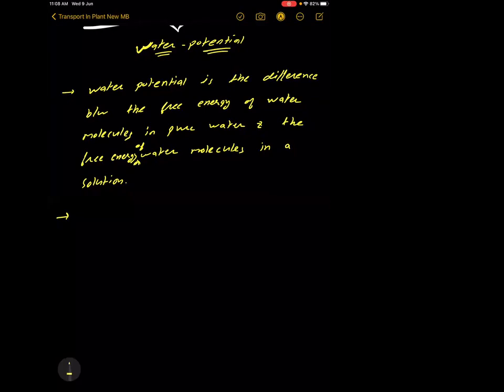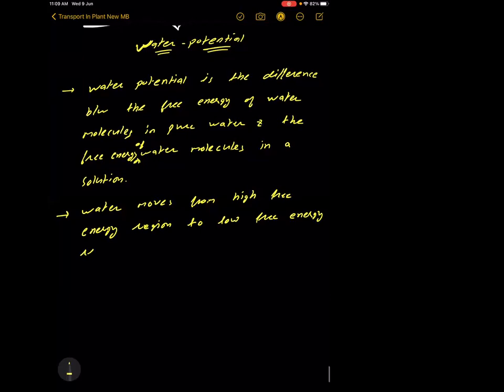Okay. So water molecules move, water moves from the high water potential or from high free energy region to low free energy region.